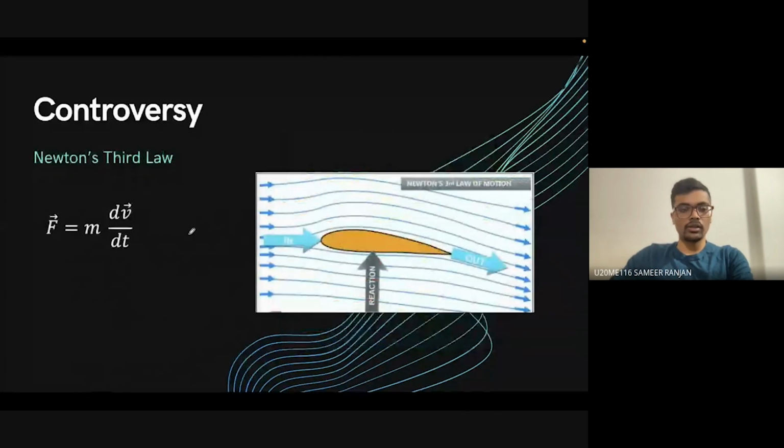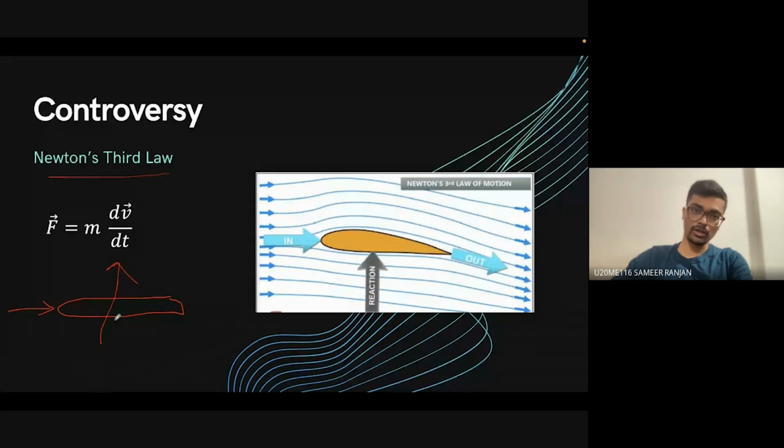And in Newton's third law, a few wind tunnel tests showed that if we keep a wing section in any airflow, it was also generating lift in the upward direction. Like, this was the wind velocity direction, and if we kept this wing cross section in that wind tunnel, it was also generating upward force.